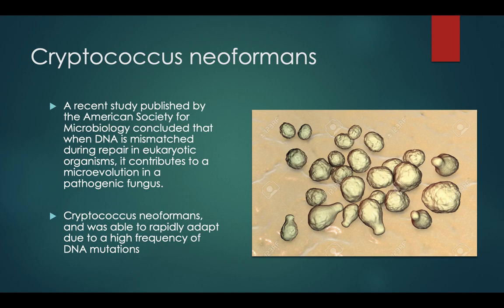In the case of this fungal pathogen, it's Cryptococcus neoformans, and it was able to rapidly adapt due to a high frequency of DNA mutations. Ultimately, the study concluded that the hypothesis was correct. This pathogenic fungus had the ability to take advantage and cause disease via mutator phenotypes.